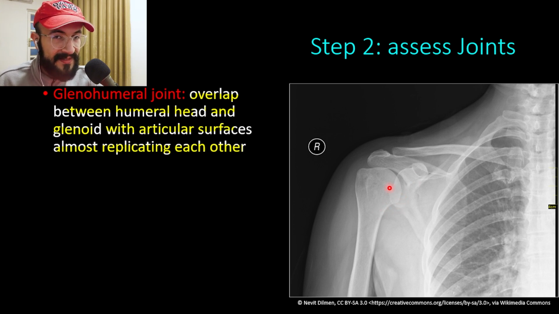As you can see in this AP shoulder X-rays, the humeral head and the glenoid here are both articulating with each other, and their articular surfaces almost replicate each other. So this here is the humeral head articular surface, and this here is the glenoid articular surface. So when you see this overlap, this means that the glenohumeral joint is congruent and normal.